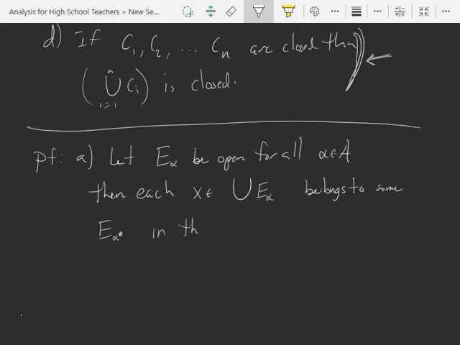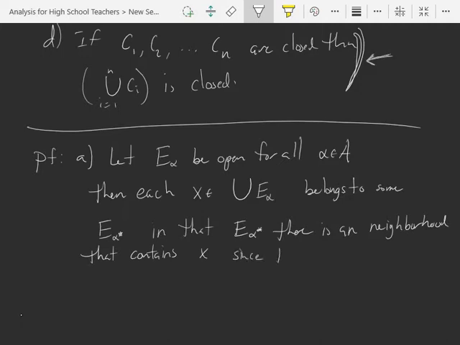In that E sub alpha star, there is a neighborhood that contains x.